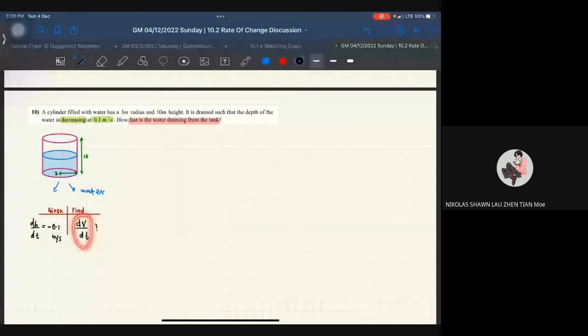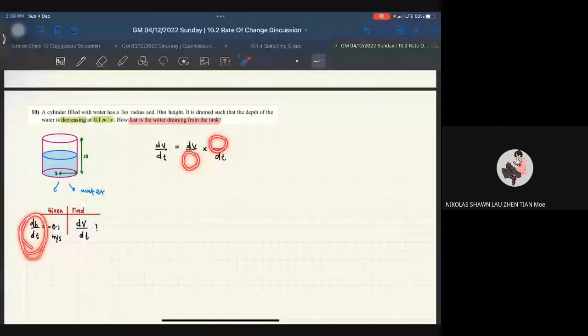Okay, so we are going to take that dV over dt, okay, which is equals to dV over something multiply with something over dt. Okay, based on the information that has been given to you dekat sini, okay, so you are supposed to put dH over here and also over here. Okay, so awak akan dapat dV dH darab dengan dH dt. Settle.